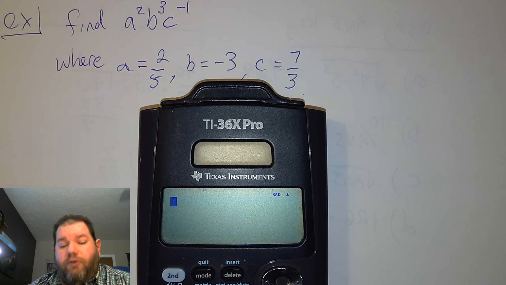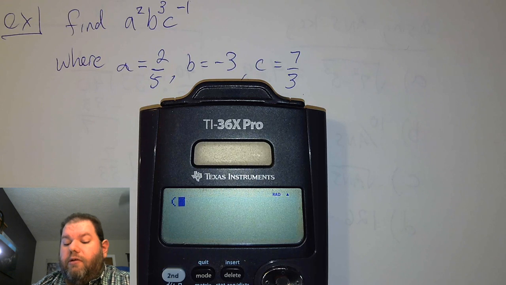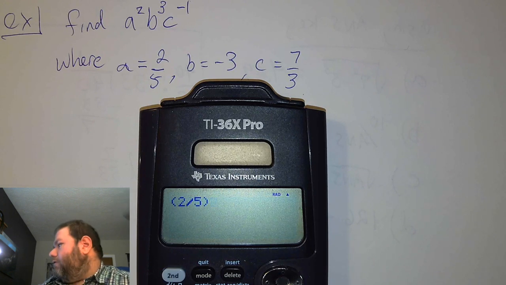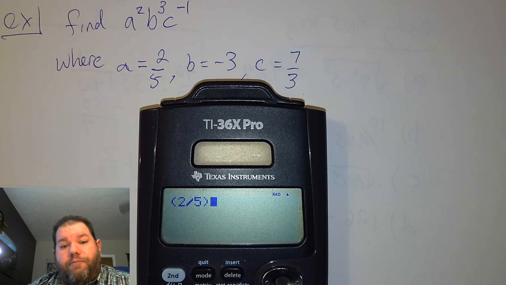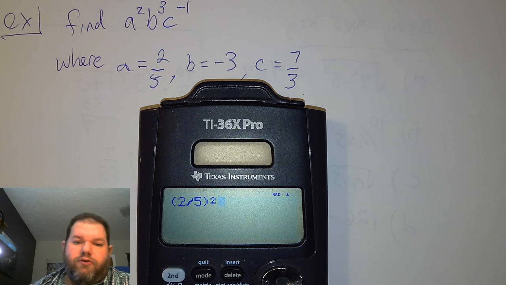So I want to do 2/5 squared first. Now notice I wrote parentheses 2 over 5 and then square, because we want to square both parts of the fraction, not just one or the other part.